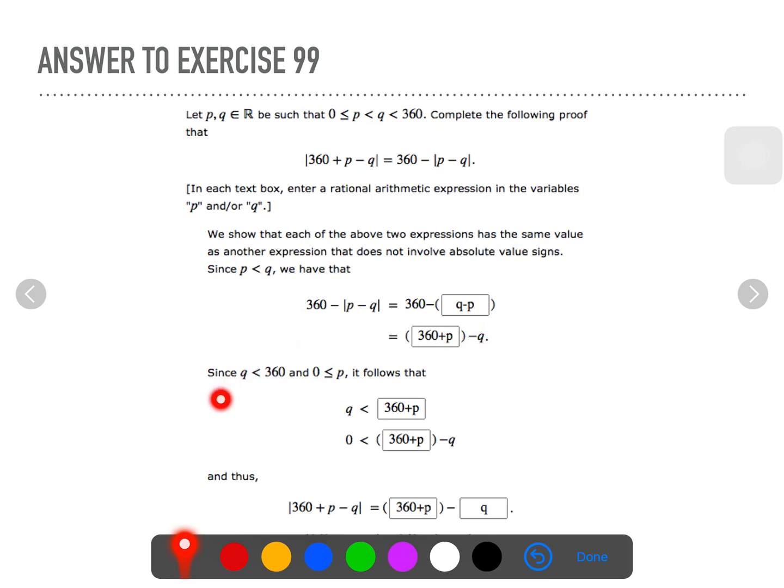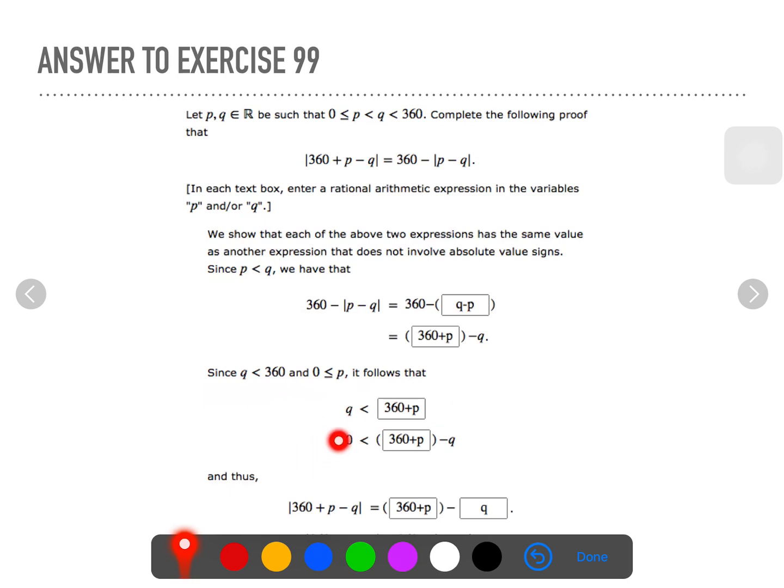So next, since Q is less than 360 and P is greater than 0, it follows that Q must be less than the sum of 360 and a positive number. Q is less than 360, therefore if I add something to it, it still has to be less than that.